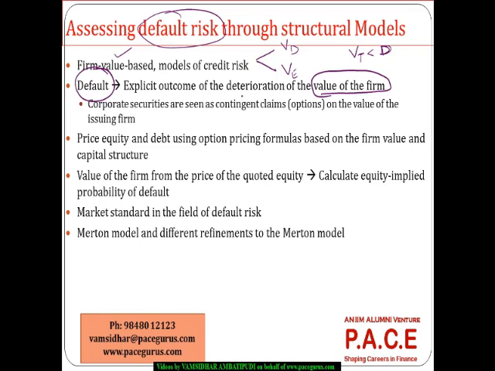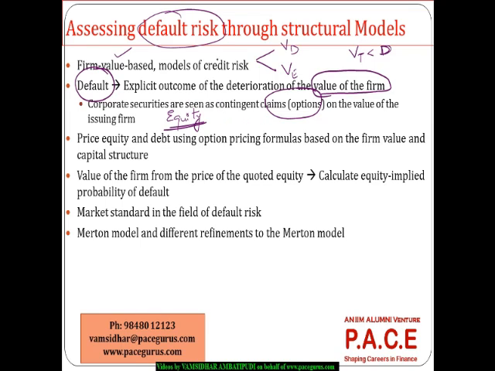So if I go with that kind of a definition, the corporate securities, I am looking at them as options on the value of the issuing firm. Here when I am using corporate security, I am typically calling it equity. Equity is being seen as an option on the value of the issuing firm.